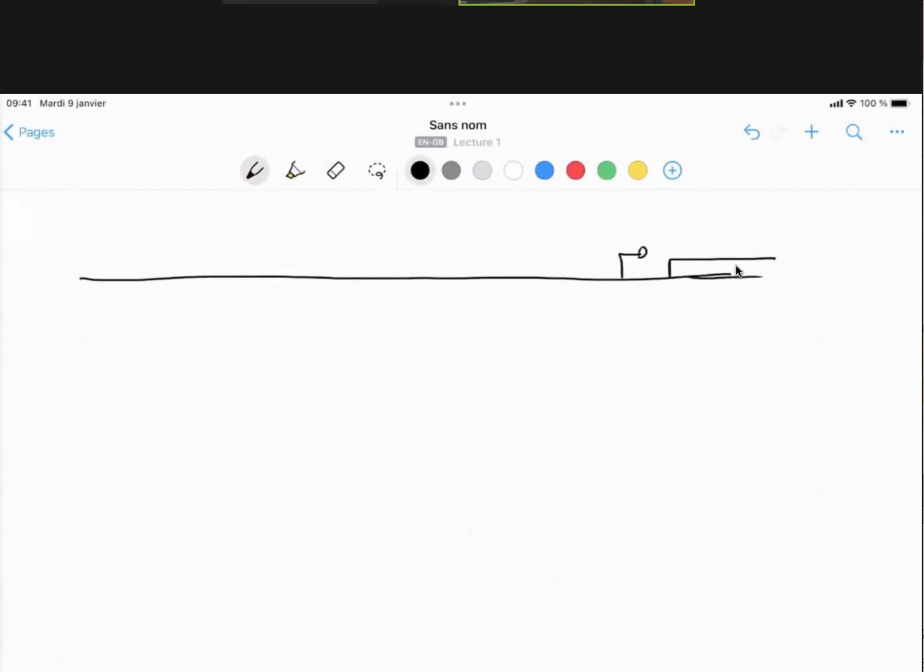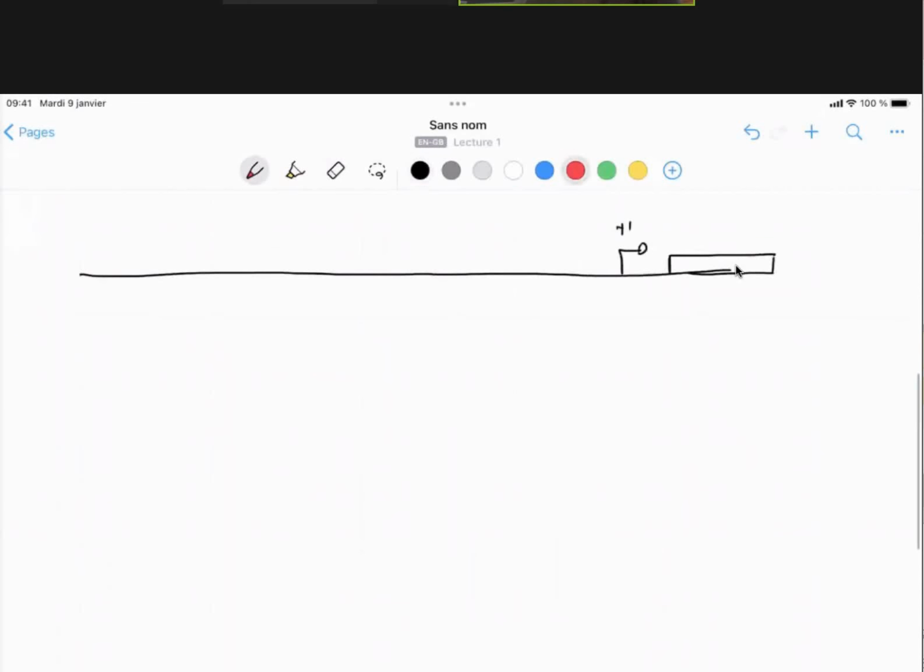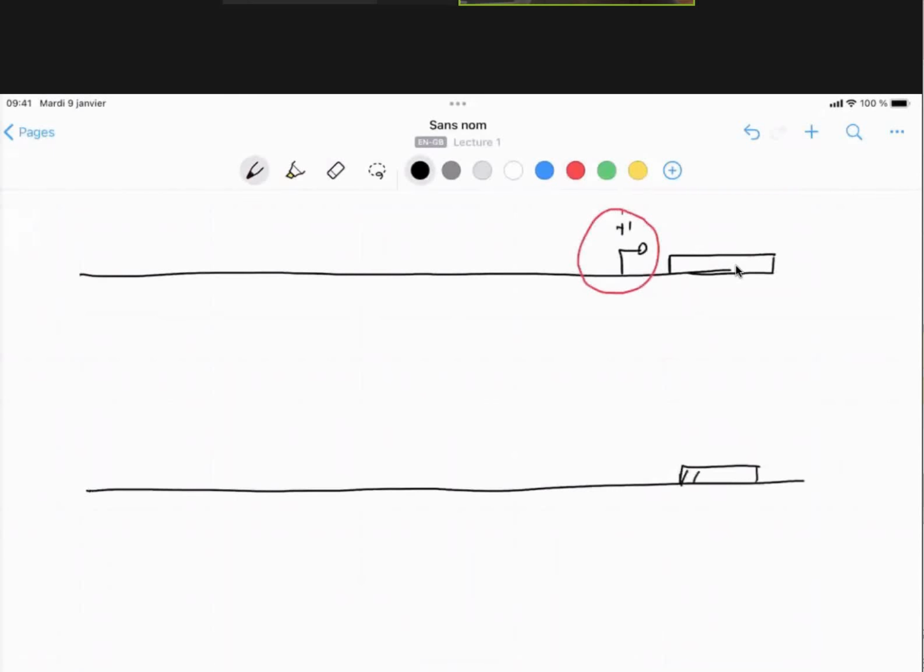One gene, so I try to draw it to scale. Okay, so this is in red, it will be the peak. The second artificial gene, exactly the same. So I try to be exact.